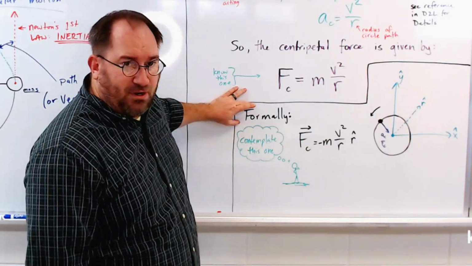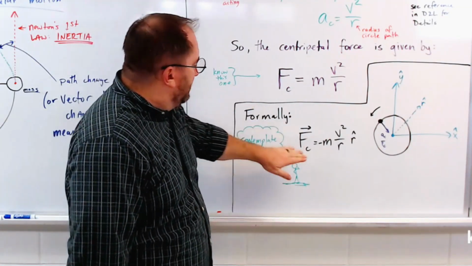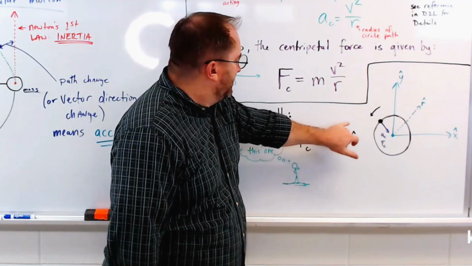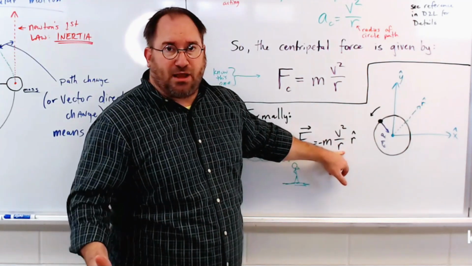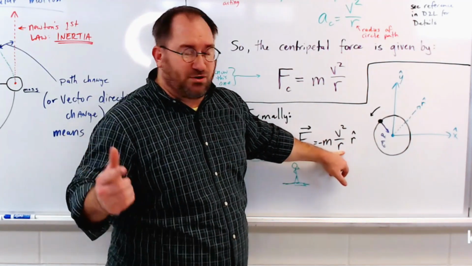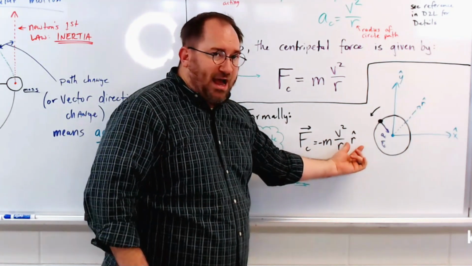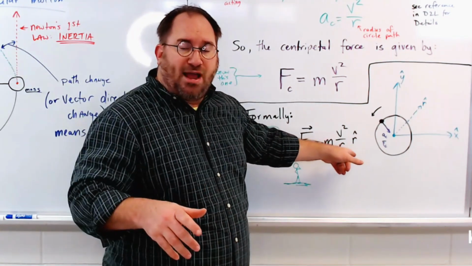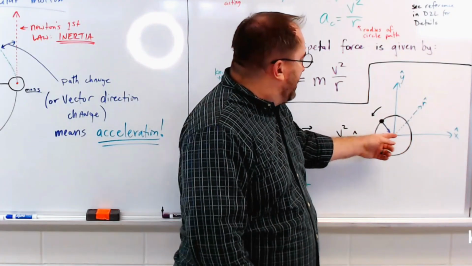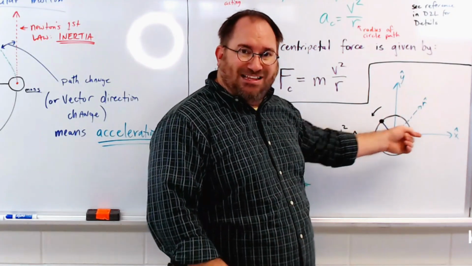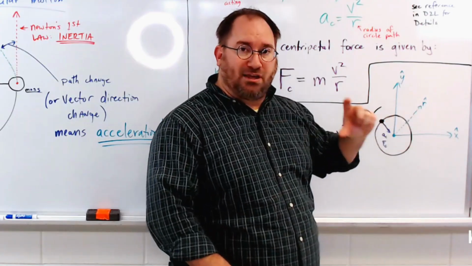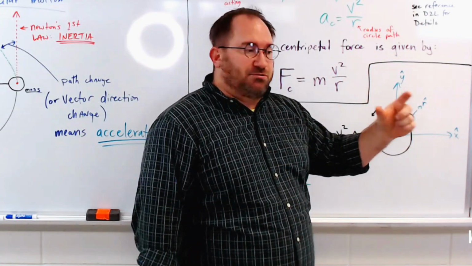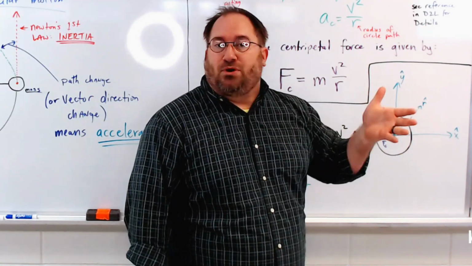Now, formally, we would write it in this way. Force is a vector, mass times v squared over r, these are all scalar quantities, but it's still a vector force, so we have to represent that with an r hat. If you've done the x hat and the y hat in lecture, that simply means that x hat is a vector that goes in this direction along the x-axis, and it's only a unit vector. Its length is 1, which means that all it does is point that direction.